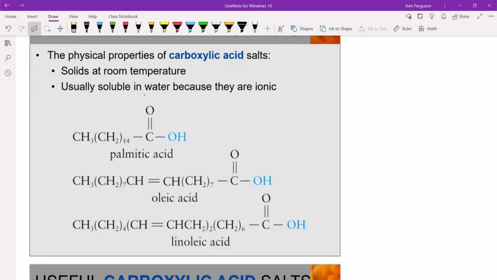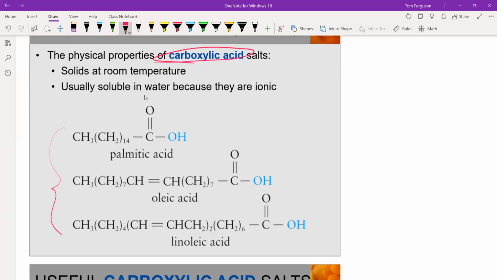Okay, physical properties. This is the last thing we're going to cover here with acids. Physical properties of the organic acids. Usually they're solid at room temperature, but not necessarily. It depends on how long the chain is. These are all acids you're going to have to know: palmitic, oleic, linoleic, linolenic.